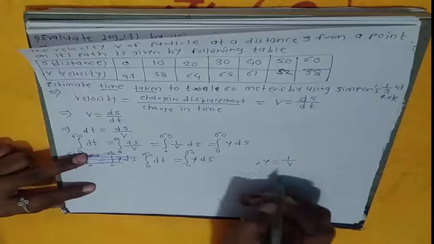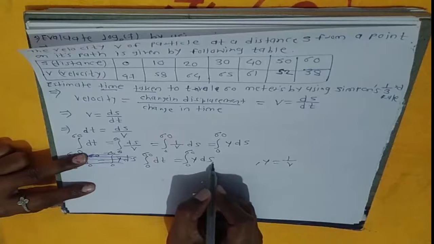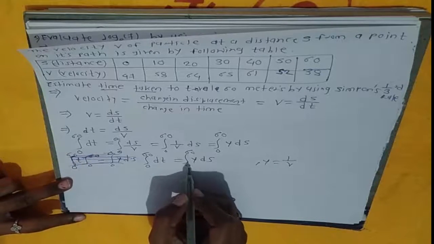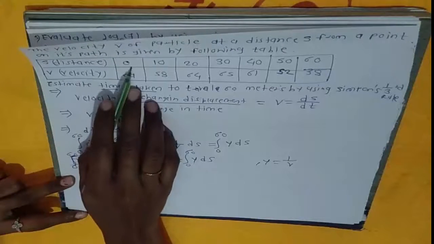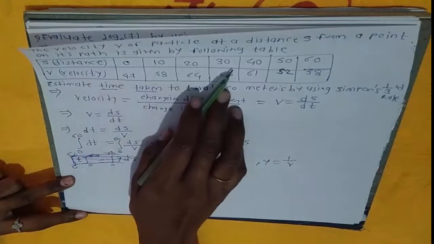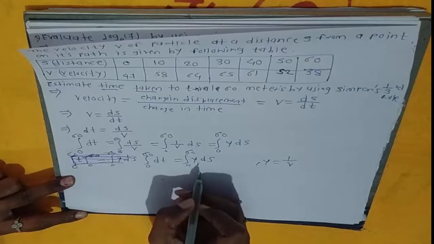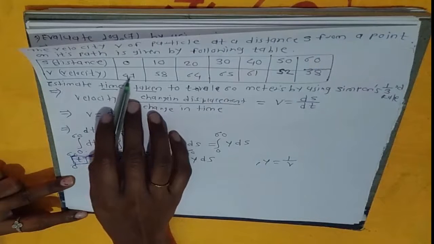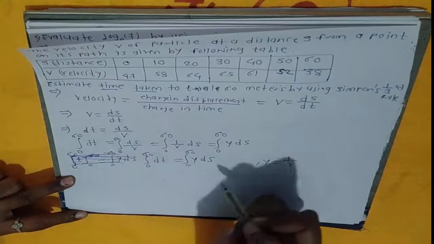To find this integration from 0 to 60 of y ds, we are given the displacements 0, 10, 20, 30 up to 60, and the velocity of the particle at those points.